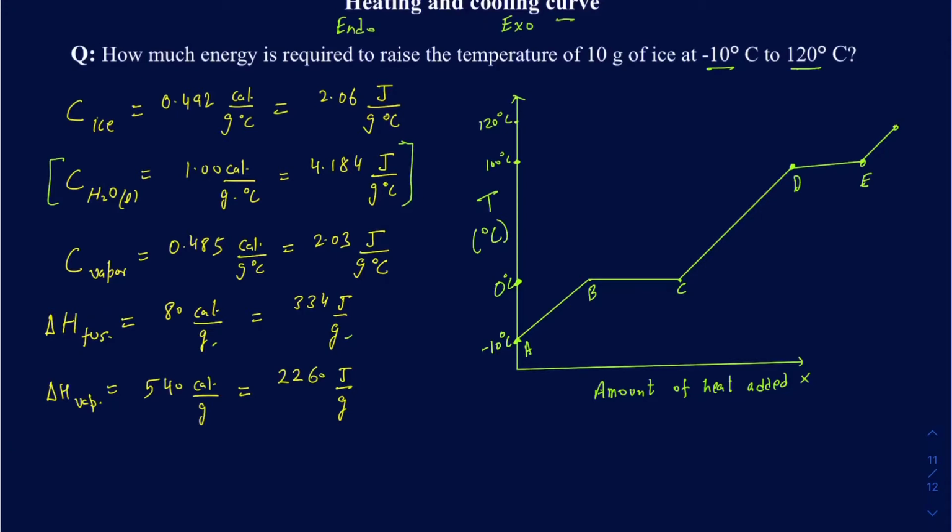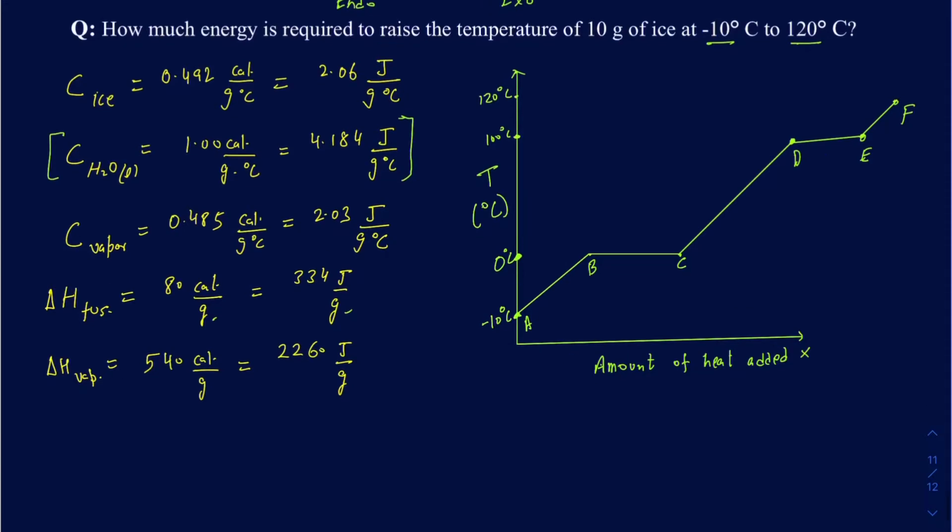Now, when I'm looking at these different points here, A, B, C, D, E, and let's call this F right there, let's say I'm going to need Q1 heat to go from A to B, then Q2 going from B to C, Q3 going from C to D, Q4 going from D to E, and then Q5 when you're going from E to F. So there are actually two different types of energies taking place here.